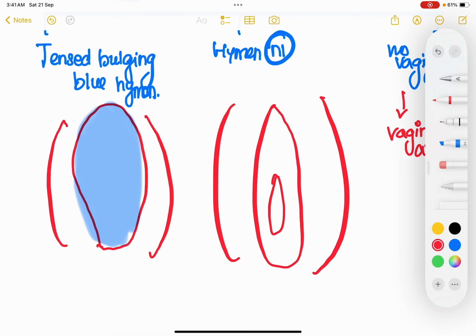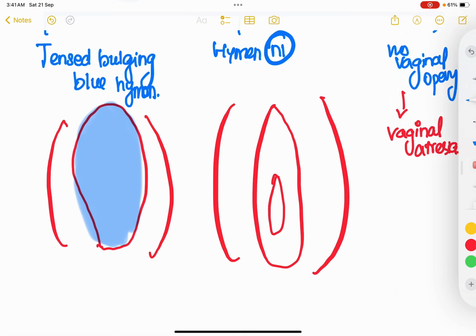So this is the difference between the normal hymen and the imperforate hymen. The normal hymen is going to appear like something like this. But in the imperforate hymen, whatever menstruation occurs in her is going to get collected inside itself.